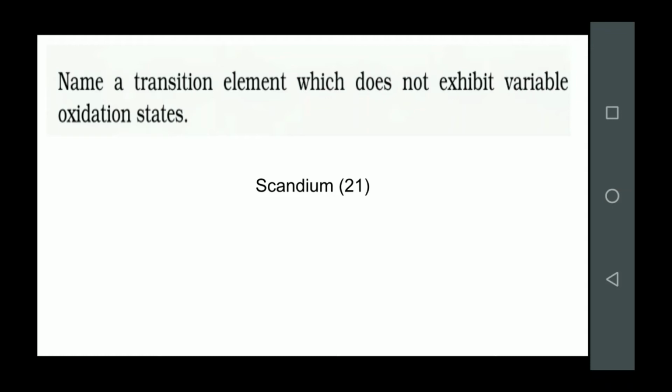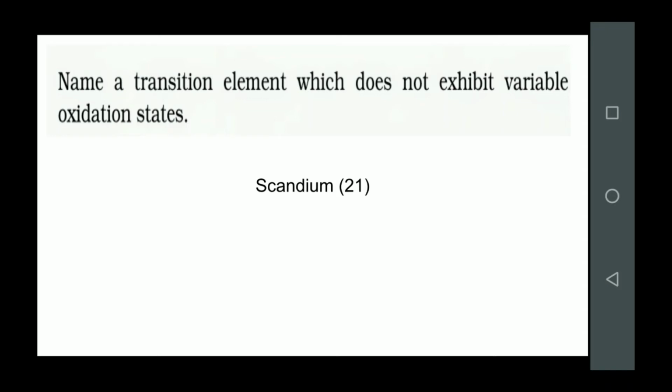not to name the elements that belong to d block, but to name the transition element that has only single oxidation state. So we know that zinc is not a transition element because it does not have incompletely filled d orbitals. The d orbital in zinc in its neutral atom state as well as in ionic state is completely filled. It has 10 electrons in its d orbital.